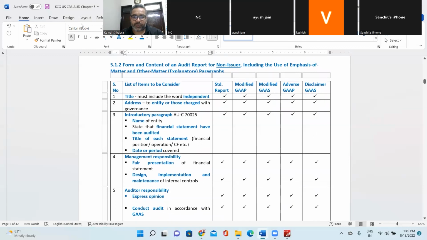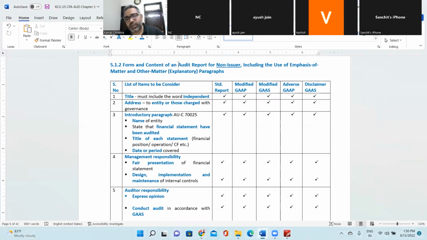So I think this is a very important section which we have covered. I'm sure this table will be very helpful rather than studying each individual report and format. This table will give you a quick glance at all categories of reports for the non-issuer. Kamal, is it essential to remember this table? Yes, for two reasons.